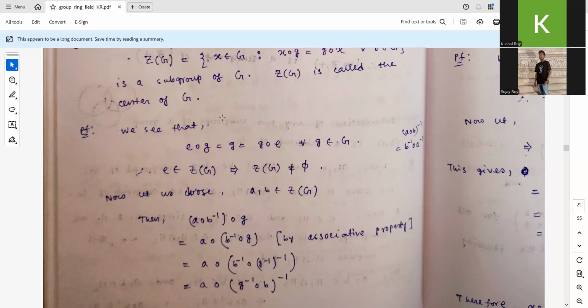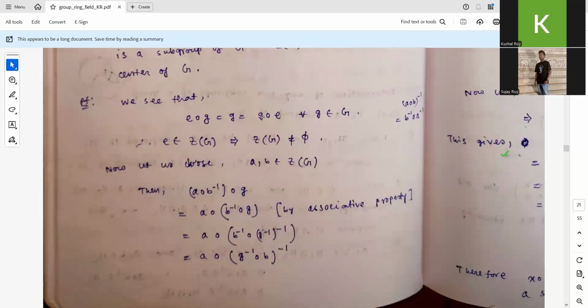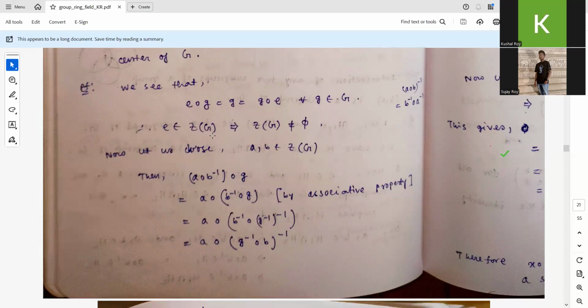So e composition g and g composition e both give g. Therefore this identity element e commutes with each and every element of G. So the element e belongs to the center of the group G.